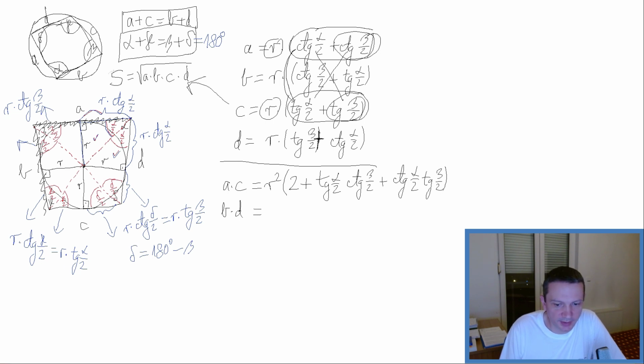And B times D is similarly R squared times 2 plus tangent alpha half tangent beta half plus cotangent alpha half cotangent beta half.